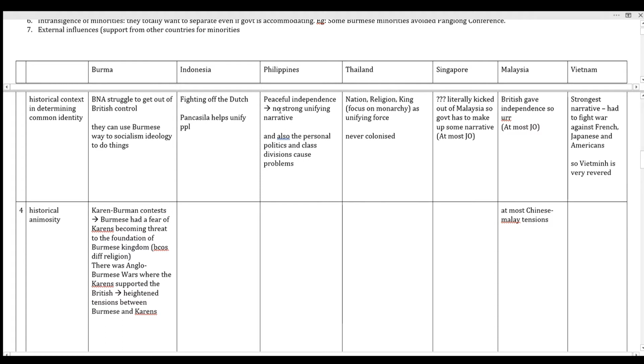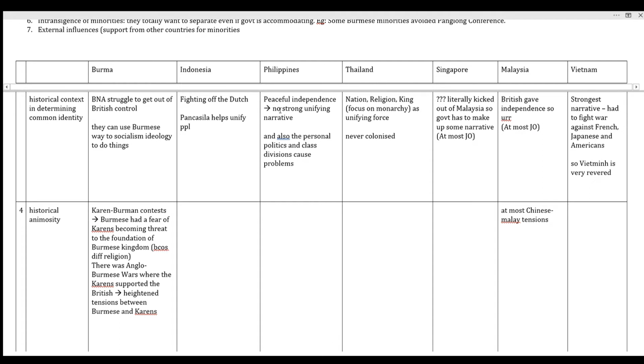Okay. So the Philippines, in terms of history, had a very peaceful independence, because the US was actually not so colonialist, as more of it just wanted to take control of all the economic stuff. So that's what the US really cares about. And it just allowed the Philippines to become independent.